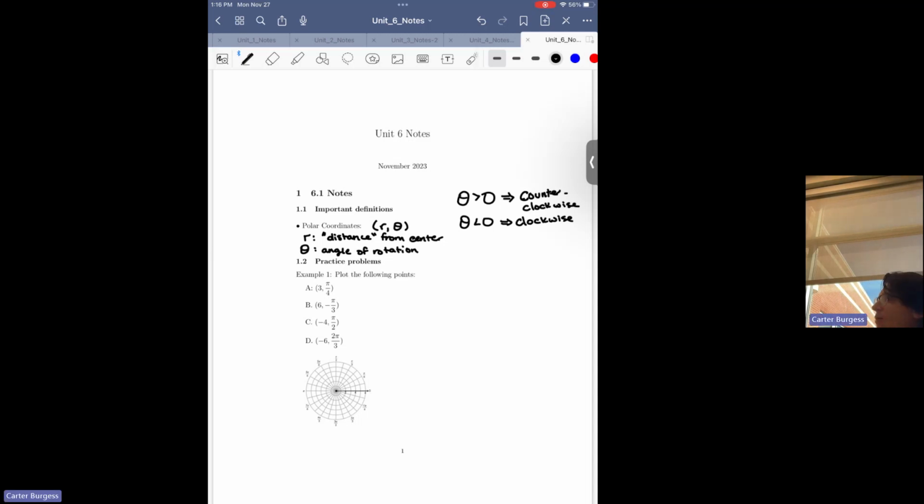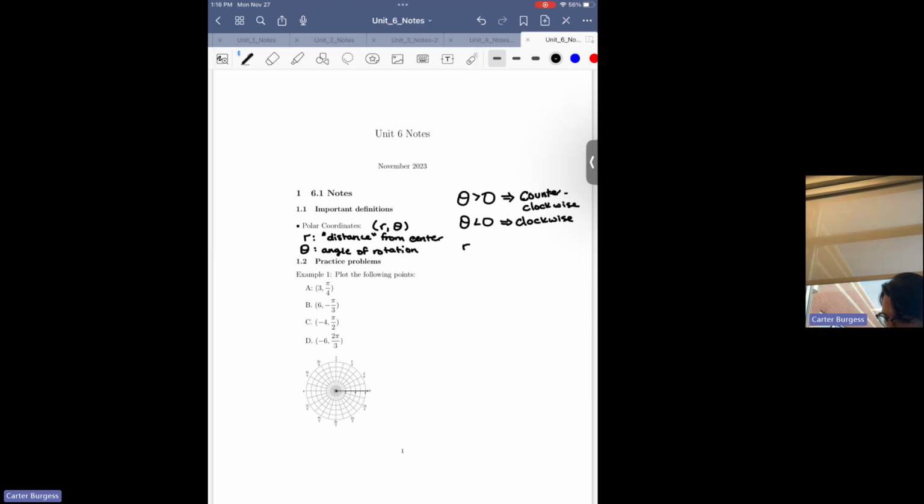Now, as far as our R is concerned, we've really only dealt with positive values of R because I've tried really hard to keep this intuition that it's a radius, it's a distance. A negative radius doesn't make much physical sense. Here, though, it is possible to have a negative value of R. It means something very specific. Normally, when we start our rotation, we start in the positive X direction.